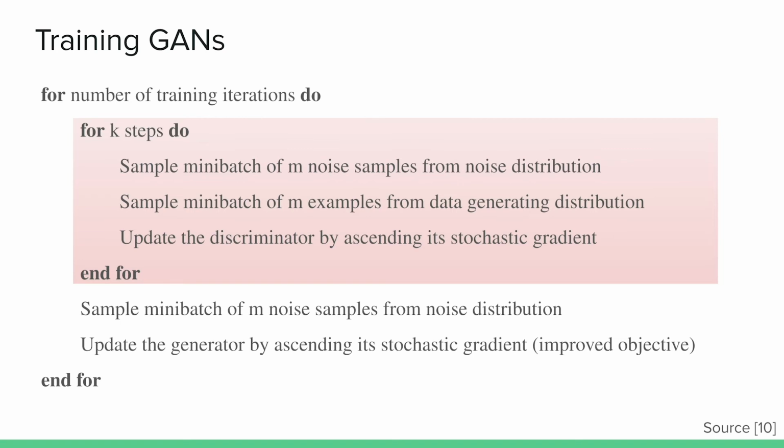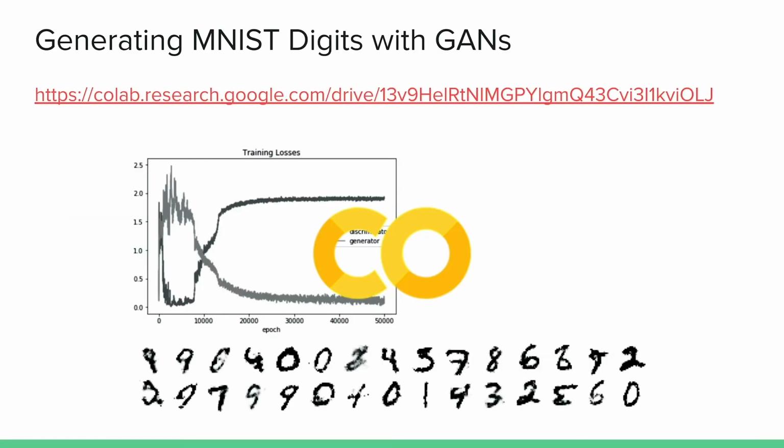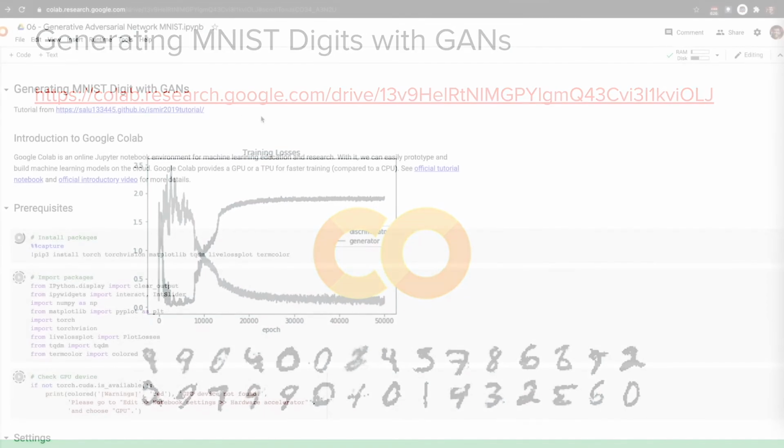And then we do the second part where we sample some noise from our distribution and then update the generator by also ascending its stochastic gradient. However, there is no clear rule yet how long you should train each of these two things. How long you should train the discriminator, how long you should train the generator. Let's take a look at what this generative adversarial network looks like in code.